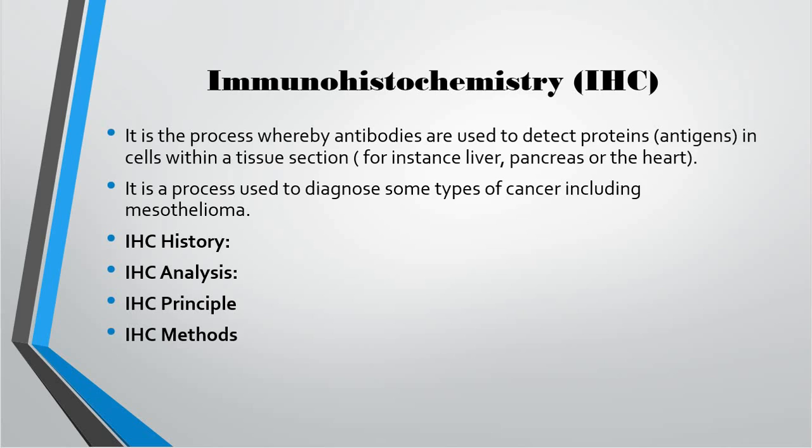Next is IHC principle. Immunohistochemistry is a widely used biological technique that combines anatomy, physiology, immunology, and biochemistry, developed from the antigen-antibody binding reaction. Immunohistochemistry can be considered as a method that visualizes distribution and localization of specific antigens or cellular components in separated tissues or tissue sections.